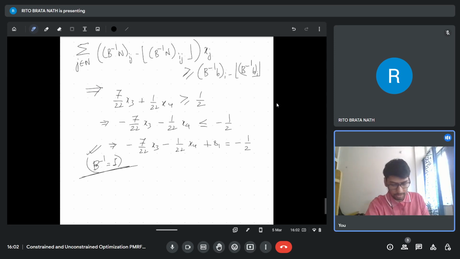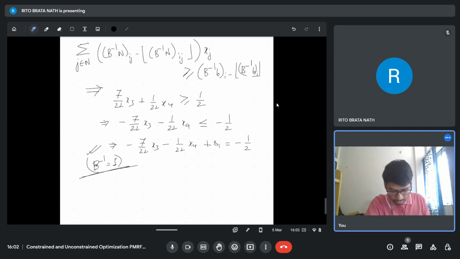So that's the first cut that you add. Now, using this cut, you have to solve the LP again. Now it will be some 3 rows that you will be getting.